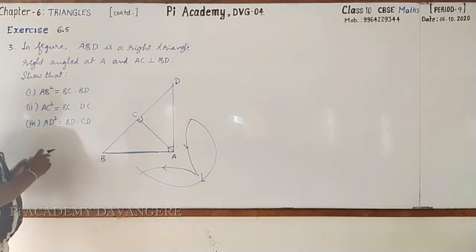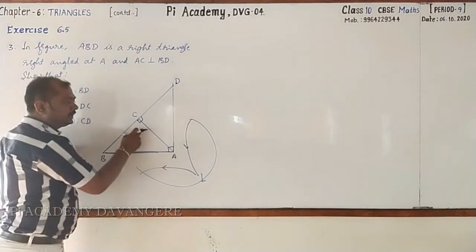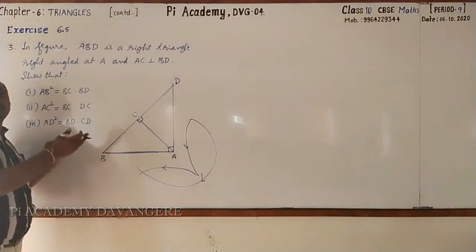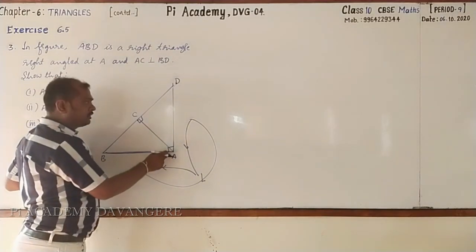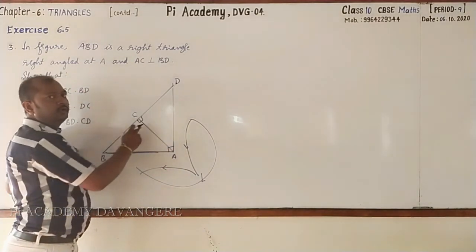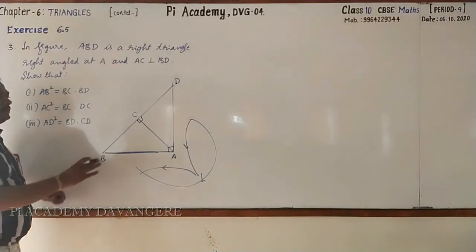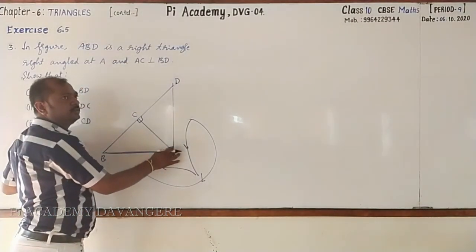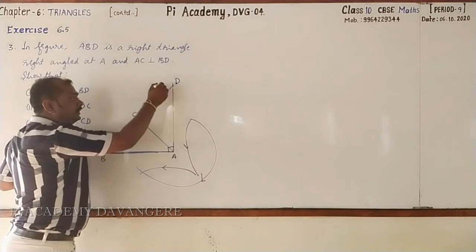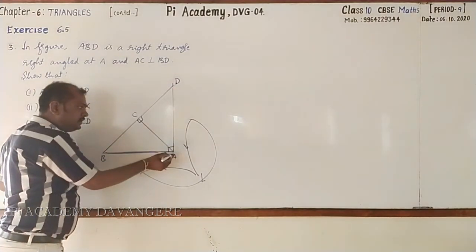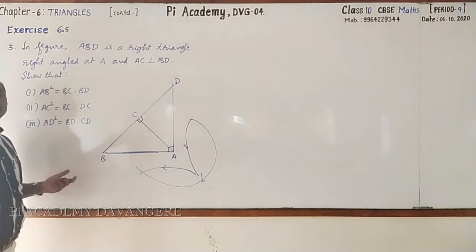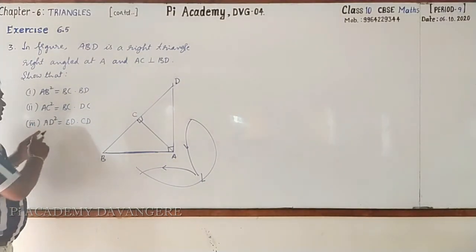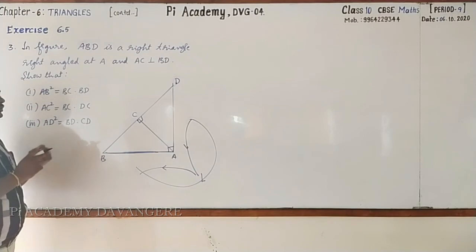Next, we want AC square. If you want to get AC square, we wrote the statement that the perpendicular drawn from the vertex of the right triangle to the hypotenuse will divide the triangle into two similar triangles. Hence, these two triangles, DCA and ACB, are similar. Use CSST and prove this statement. Third, AD square equal to BD into CD.